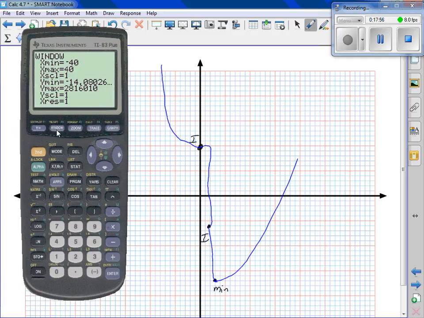Let's see. The window, I know the x values. I'm just going to go from negative 10 to positive 10. I'll jump by 1s. The maximum y, I'll make it 15. The minimum y, I'll make it negative 20. I'll jump by 1. Should look the same as your graph.